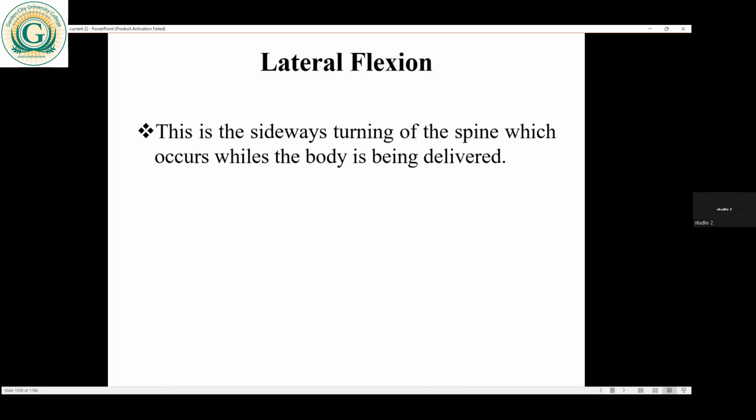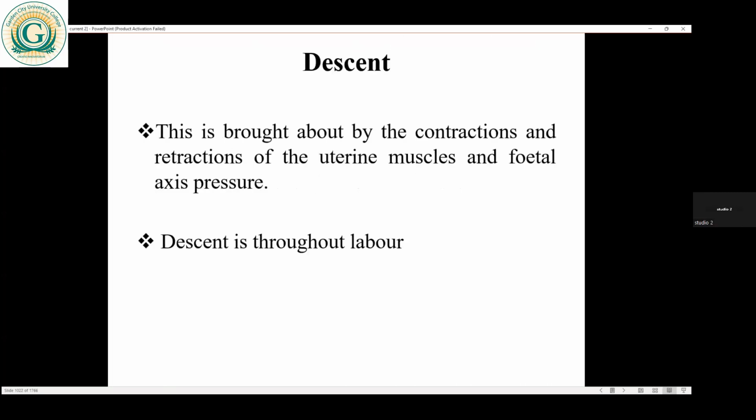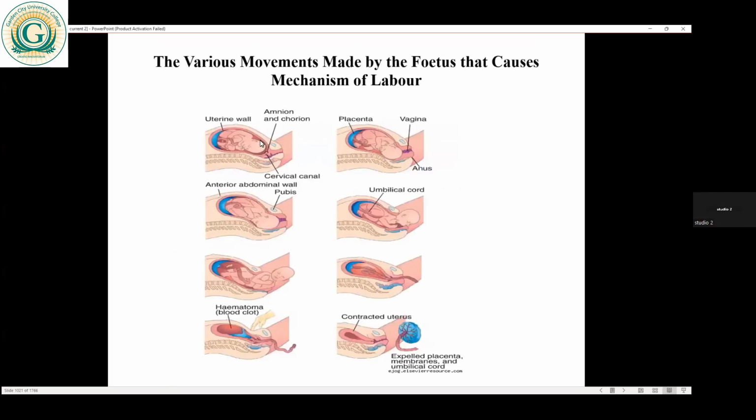Let's go to the mechanism, then you understand all this. This is what we are talking about. The baby is descending and curving more. And the baby's head is coming out, and it crowns here.